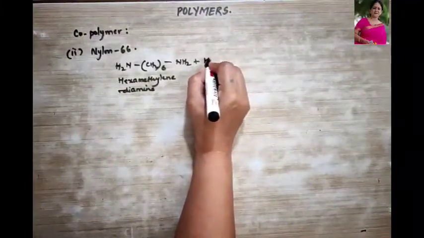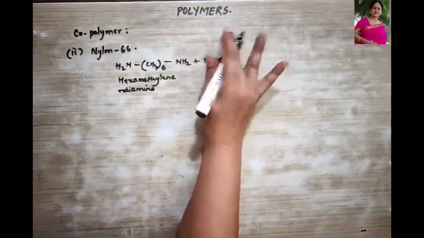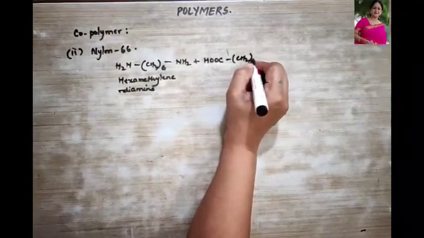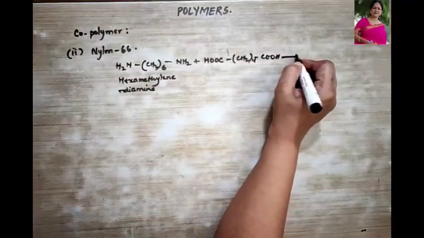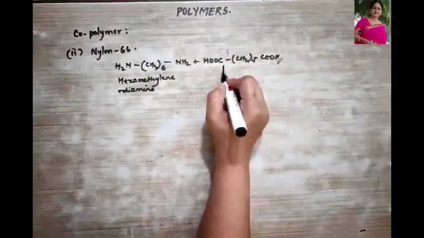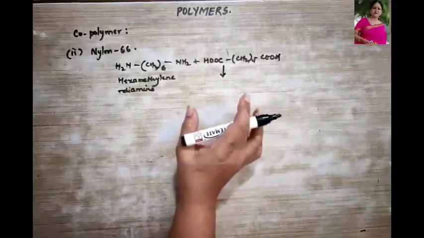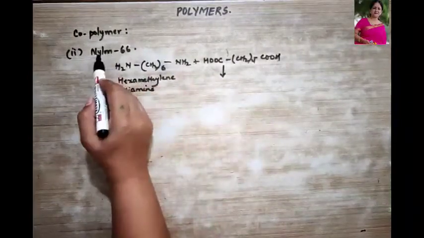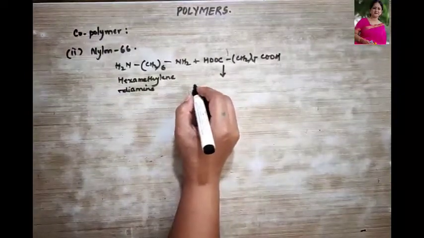Now what is adipic acid? It is HOOC (CH2)4 COOH. What is this going to give? In fact, let me write it down like this. It is going to give you the copolymer of nylon 66.